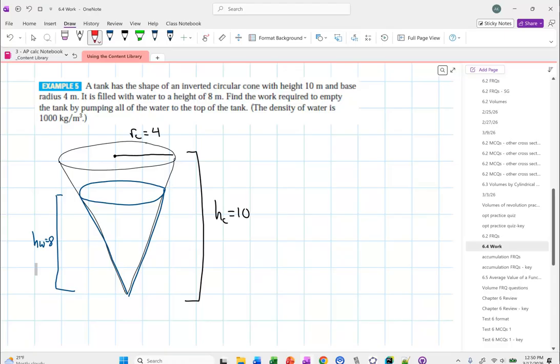Now, what is the force that's acting on the situation that's generating the work? Gravity, right? So what we're doing is we're trying to lift some arbitrary surface of this water.